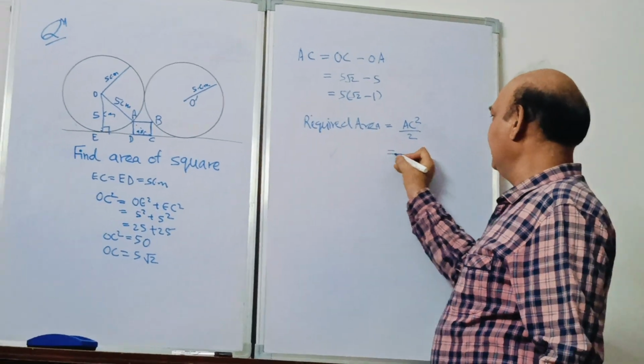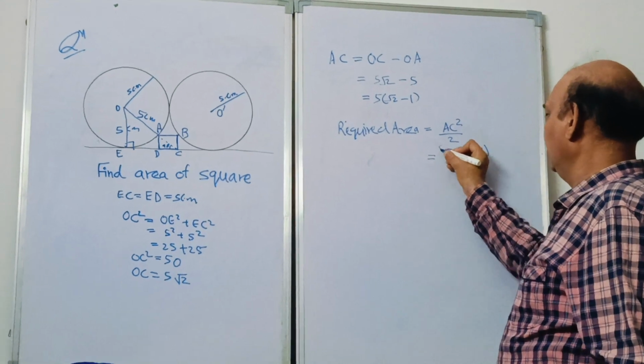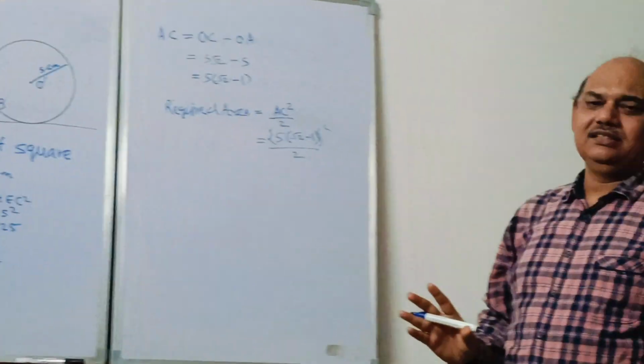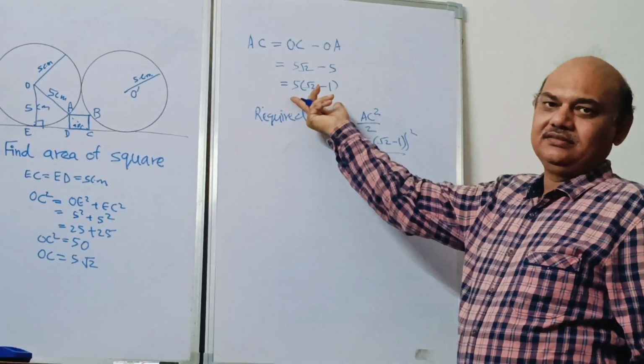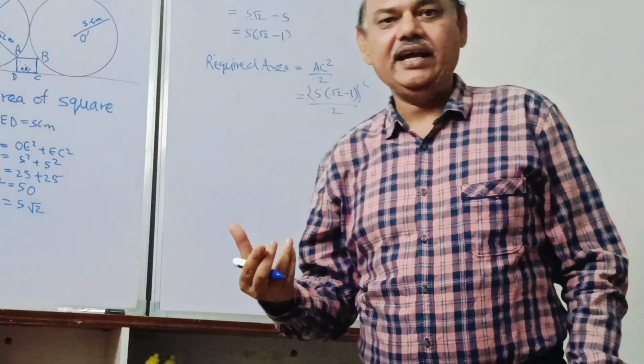So what happens here? 5 square root of 2 minus 1, whole square upon 2. Is it clear? It is our diagonal of the square. Hence area is square of diagonal upon 2.